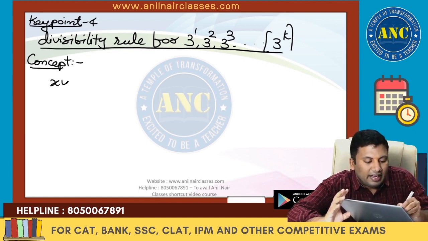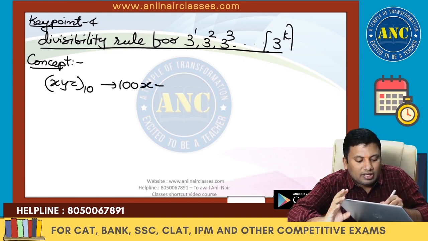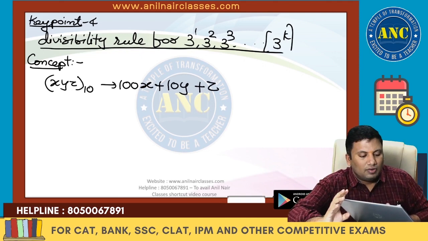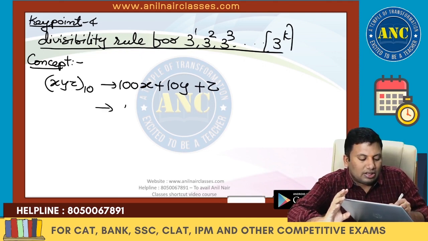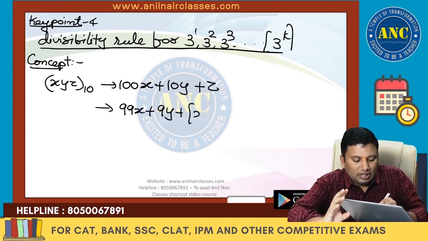Suppose I take xyz in base system 10. x is in the hundreds place, 100x, y is in the tens place, 10y, z is in the units place. So this is nothing but 99x plus 9y plus x plus y plus z.